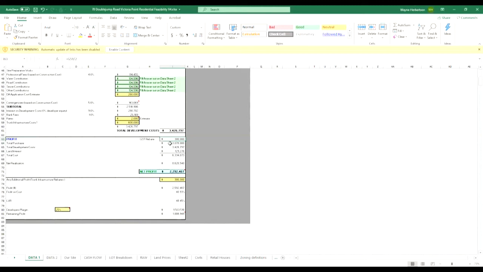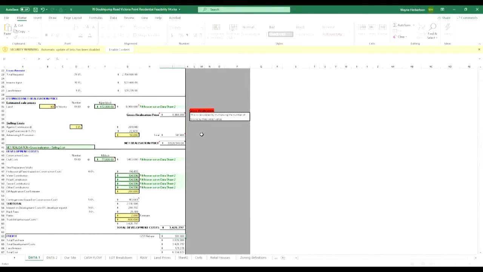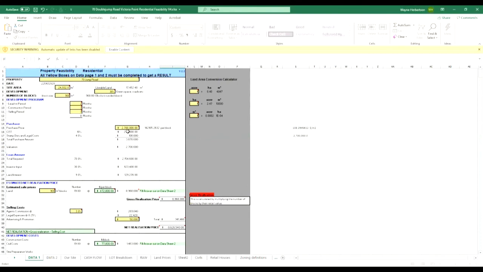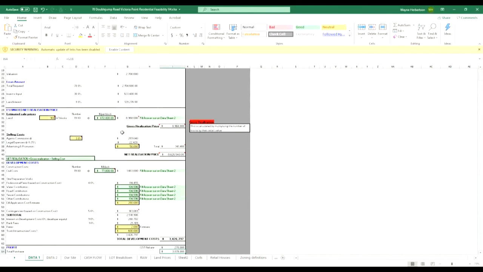The total purchase price we had from above was 3,078. The development costs are there. And also on the, oh, actually that one there wasn't, sorry, that one there was right. That was the GST rebate, Wayne. That's what I was doing there, sorry. I'm getting a bit ahead of myself here.